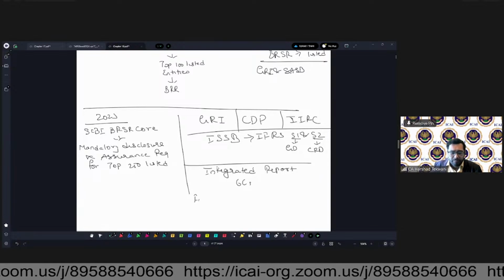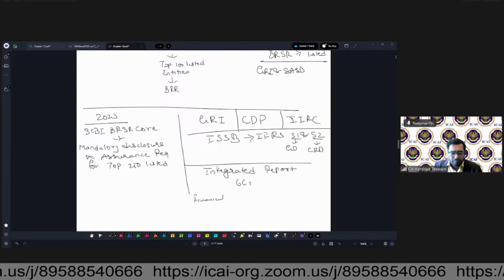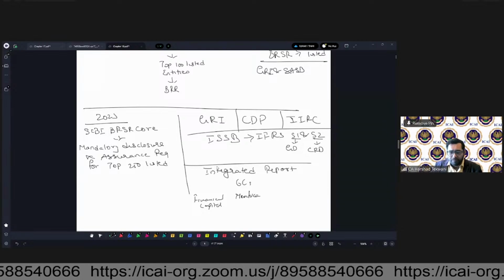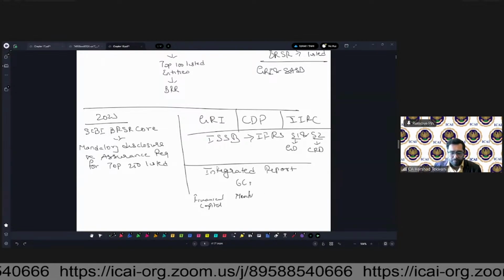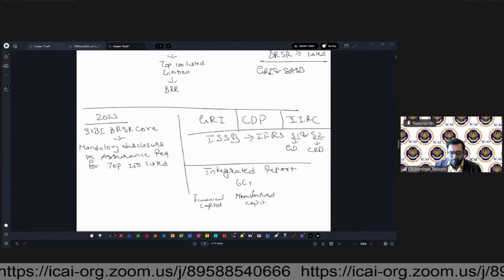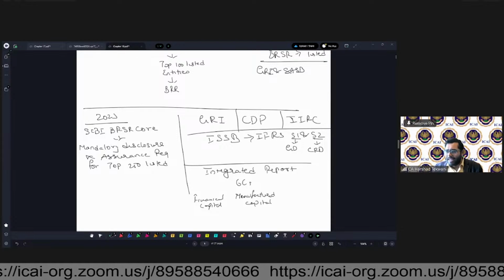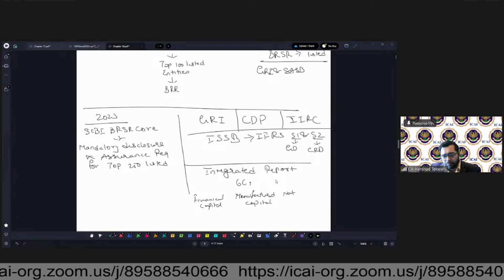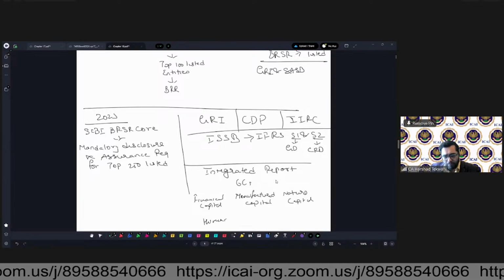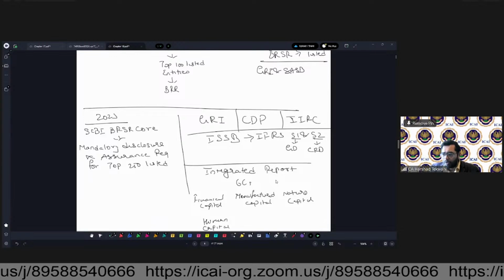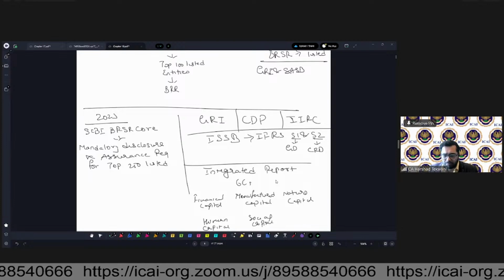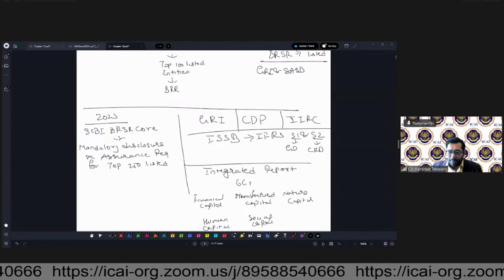Financial capital, then manufactured capital, then you have nature capital, human capital, then you have social capital, and you have intellectual capital.